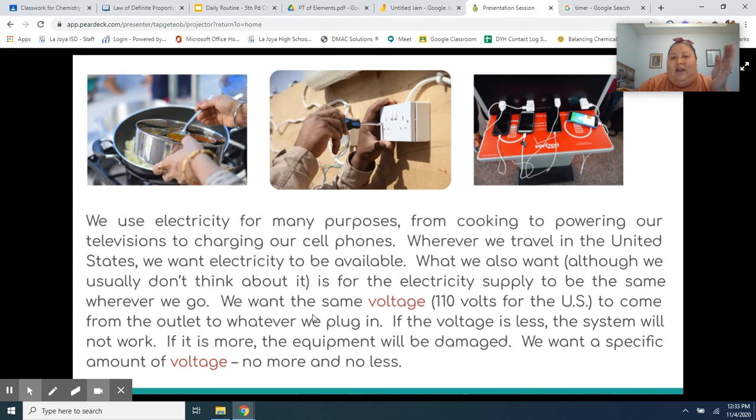If you have the incorrect amount of elements, then you're changing your formula. An example is water, right? Everybody knows the formula for water, H2O. So that means you have 2 hydrogens and 1 oxygen. And if you change the amount of any of the atoms or elements, you're changing your compound.